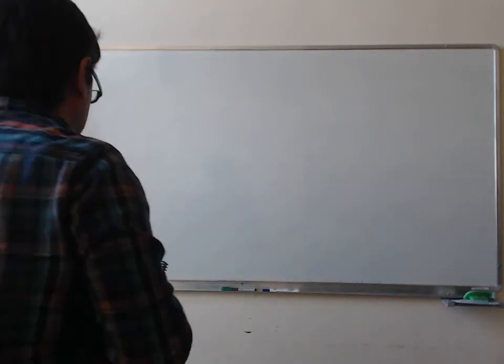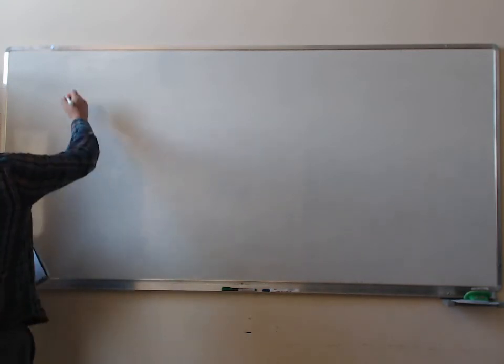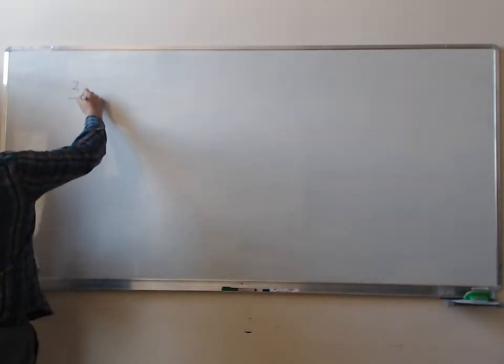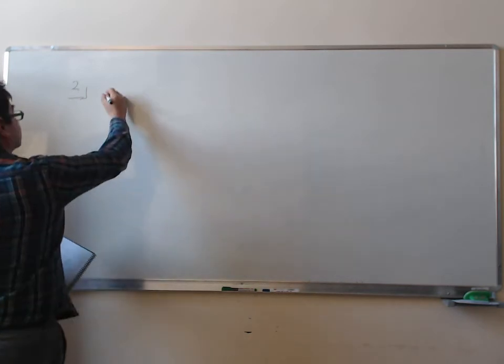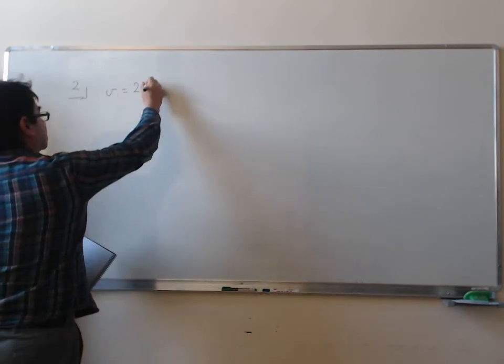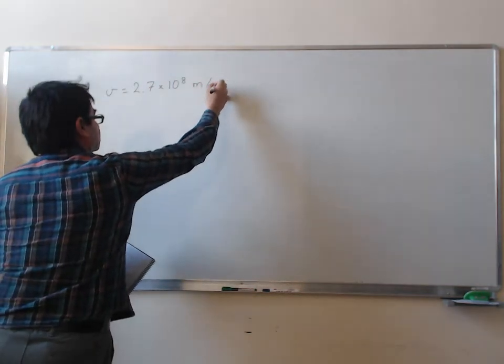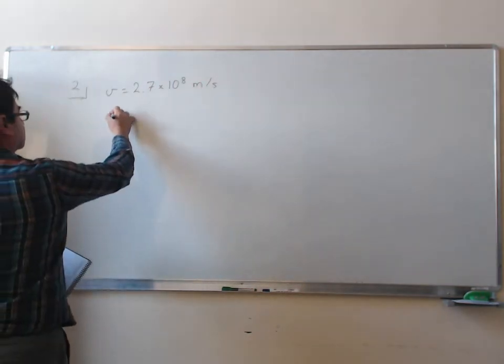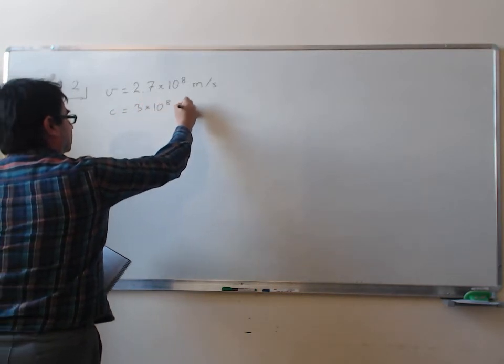So this is somewhat straightforward, but still I want to emphasize the basic principles that we are going to deploy here. The velocity of the particle is 2.7 times 10 to the 8 meters per second. Now recall that c is about 3 times 10 to the 8 meters per second.